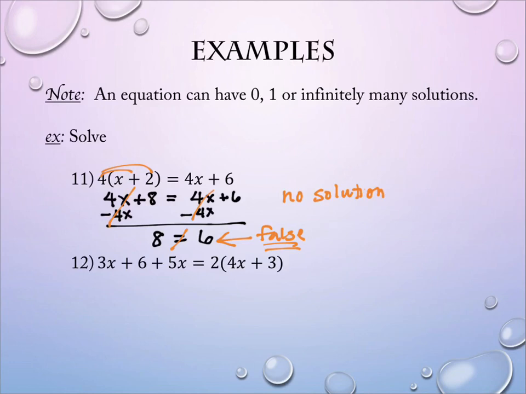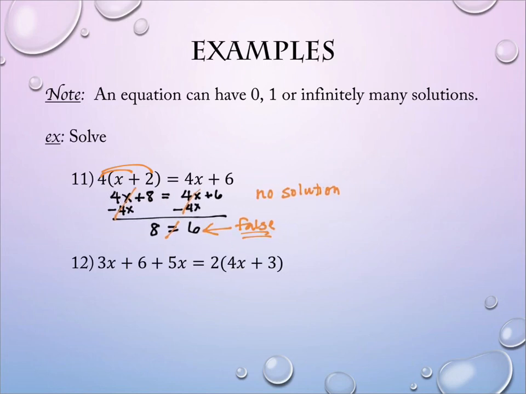Let's try the other one. Okay, so we're going to distribute like I did in the last one, right? We have 8x plus 6. On the left, we can combine some things. I have 3x and 5x, which would be 8x plus the 6.